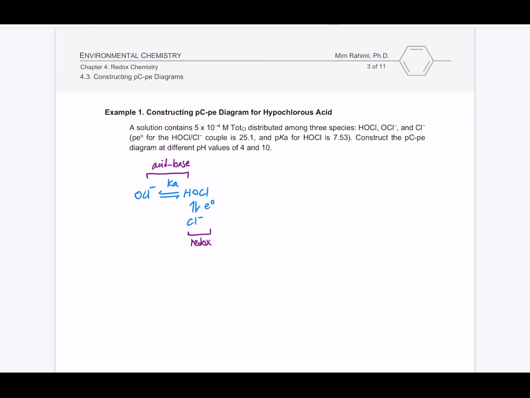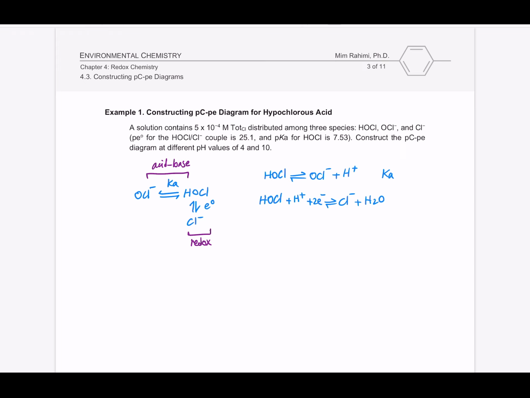So in terms of the reaction, as always, this is no surprise that HOCl, one acid-base reaction, OCl minus plus H plus. And then this is Ka, describes this reaction, where we have also HOCl going to Cl minus, and we know how to balance this reaction. I'm going to skip that part. So this would be plus 2 electron, or so it would be plus hydrogen plus 2 electron.